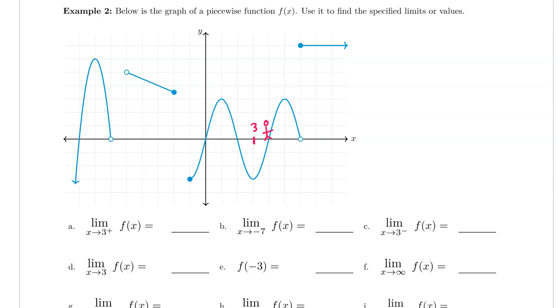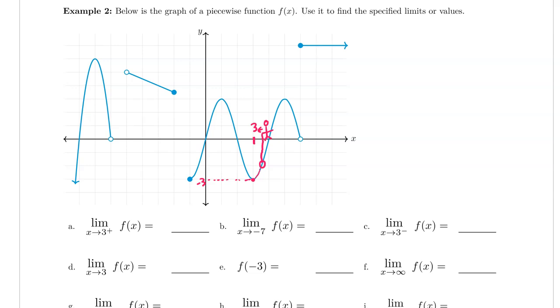So pretend it's a magic balloon, but because our function is below the x-axis there, this person is walking and they're getting closer and closer to x equals 3. As that happens, the balloon is approaching this point right here, and let's see what y value that is. We're going down 1, 2, 3, so this y value here is -3.